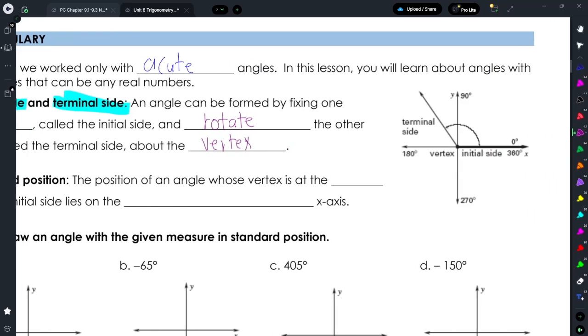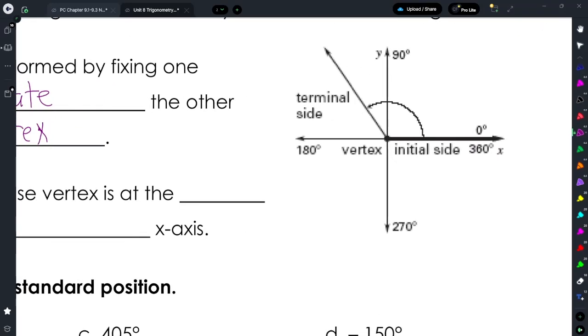If we look at this here, this is our initial side where we start, and we're rotating this many degrees, and we end up right here, and this is our terminal side, or where we ended.